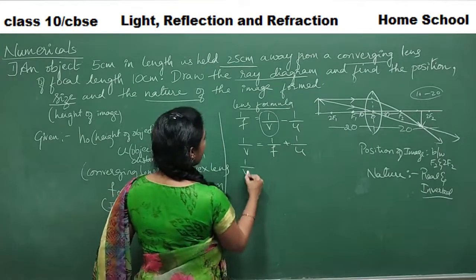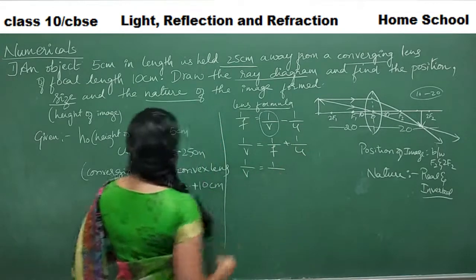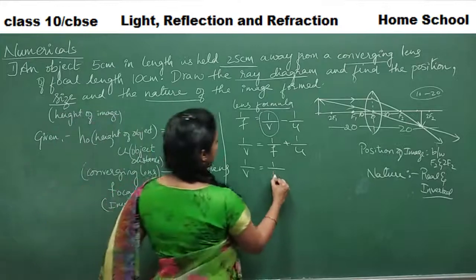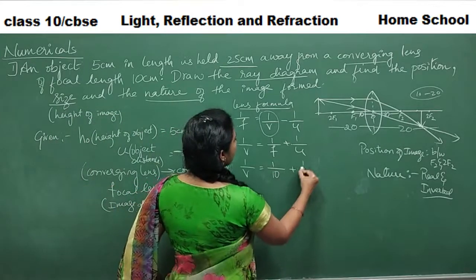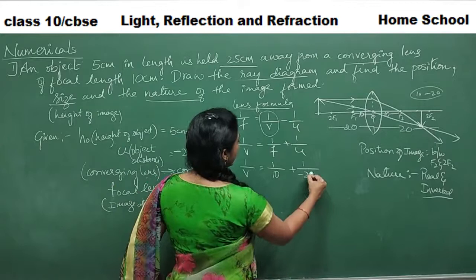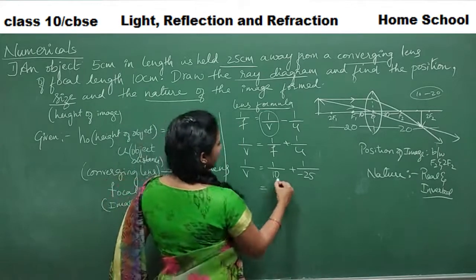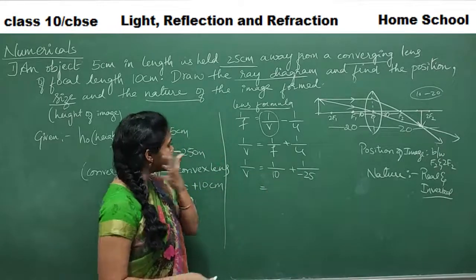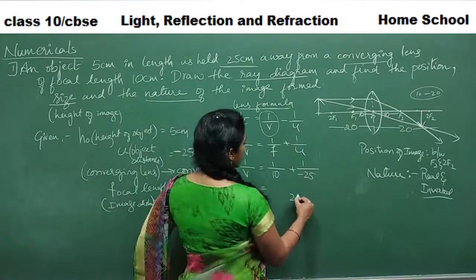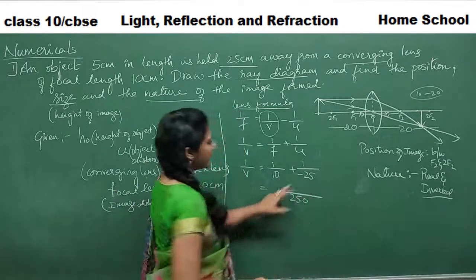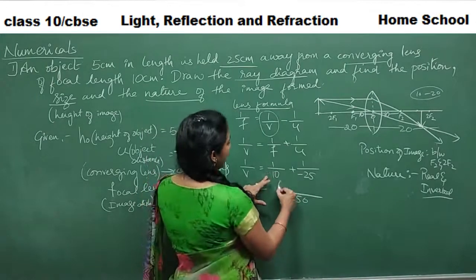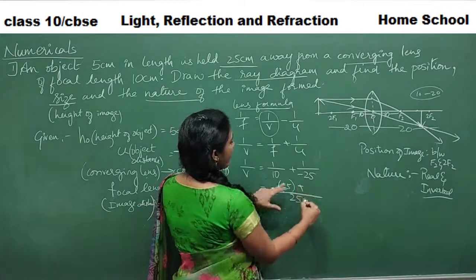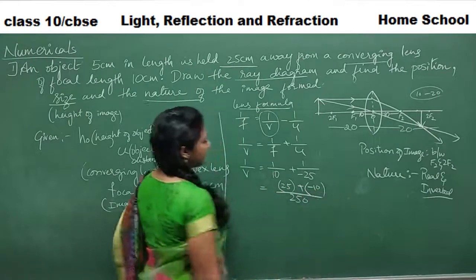Now substitute the values. F is plus 10 centimeter, plus 1 by U, U is minus 25 centimeter. So 10 into 25, I am doing the cross multiplication method. 10 into 25 is 250. In the numerator, you will get 25 plus of minus 10, right?